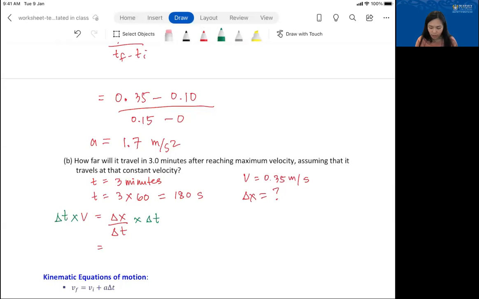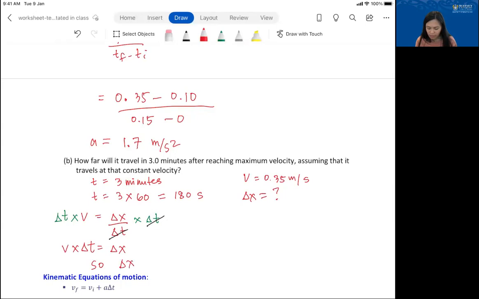Okay, so doing that, multiplying with delta t cancels out delta t on the right side. And then you have an equation now for delta x, which is velocity times the time interval. And you know everything. You know the velocity and you know the time.